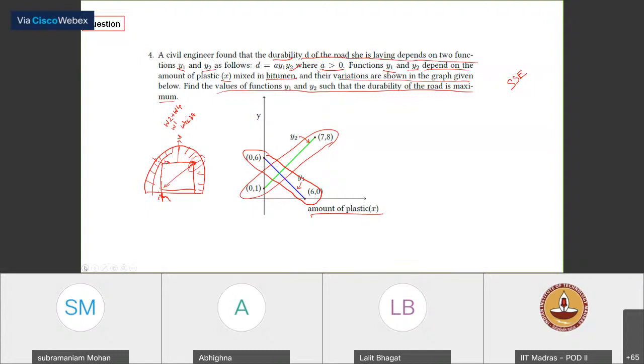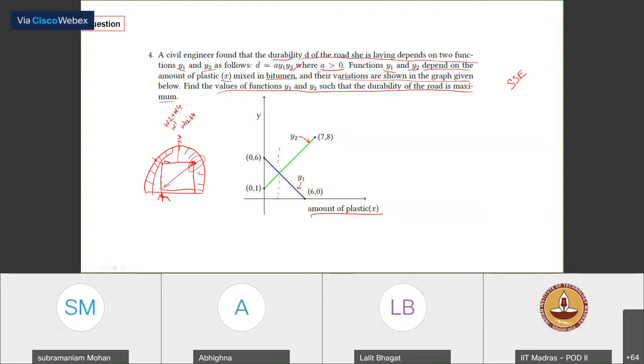So first question is whether that assumption is correct. Yeah, that is my question actually, whether my understanding of the question is correct. What I am telling is, if we are increasing the amount, the amount of plastic becomes maximum at this intersection point.